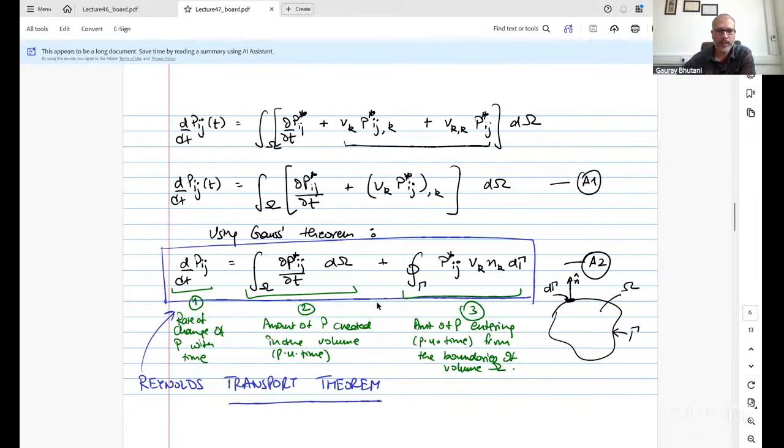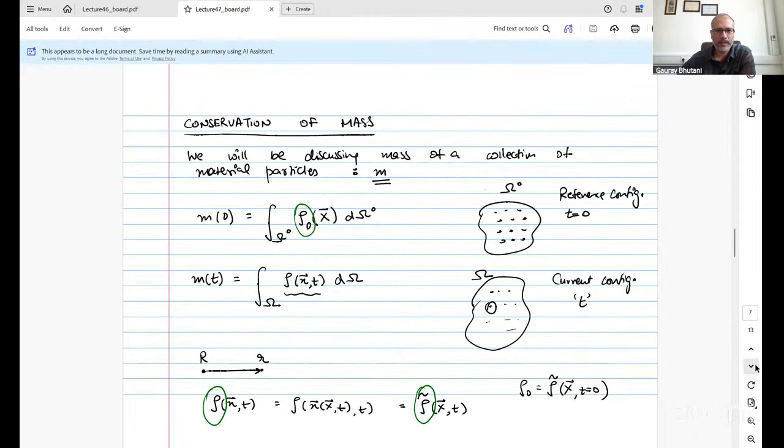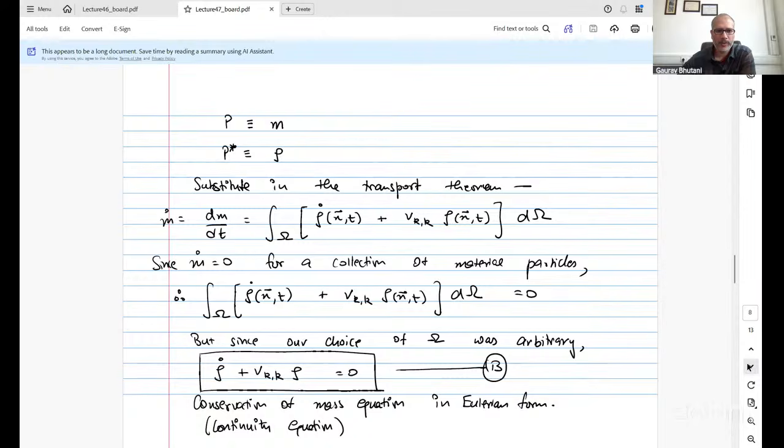If I apply it to mass, basically we have to choose what our extensive quantity is and what the corresponding intensive quantity is. For mass, the extensive quantity is mass, and the intensive quantity, because we're talking of things per unit volume, becomes density. Let's show that. In conservation of mass, remember there's a conservation law that we have to start with.